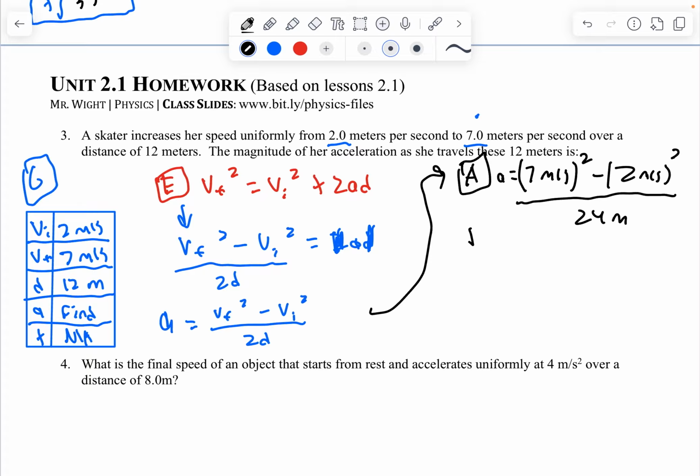So now for the next part. Let's simplify. What's 7 squared? 7 squared is 49. But then what are the units going to be? This is really the tricky part, the units. You might think it's meters per second squared, but this squared applies to the seconds and to the meters. So in reality, it's meters squared per second squared.